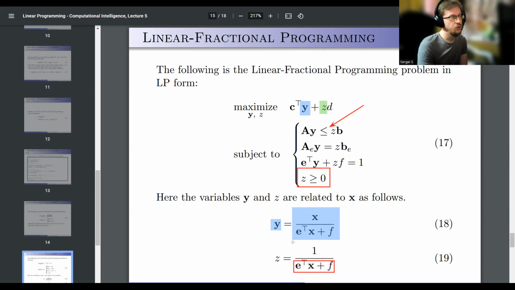Not only is z positive, but the denominator is positive. And now I can say what I was saying before. We don't want the denominator to be able to go between negative and positive. If it can go from negative to positive, it can cross 0, and that is what we don't want. Asking it to be positive, we already cut off all the negative part, and it can still be equal to 0 if it wants to. But that would correspond to an infinitely high solution, a solution that goes to infinity.